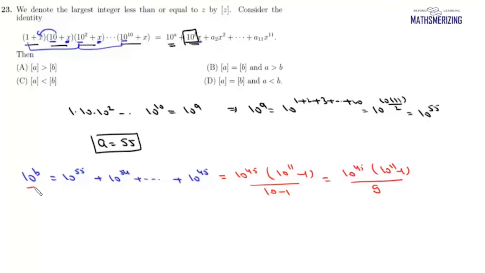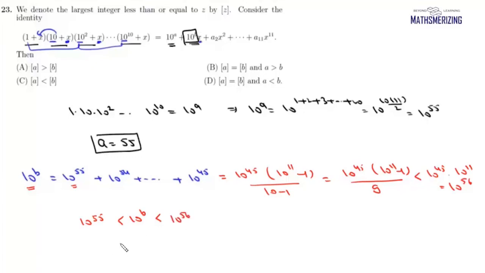Now since 10 to the power b is 10 to the power 55 plus some number, we can say that 10 to the power 55 will be less than 10 to the power b, and this value will be less than 10 to the power 45 into 10 to the power 11, which is 10 to the power 56.